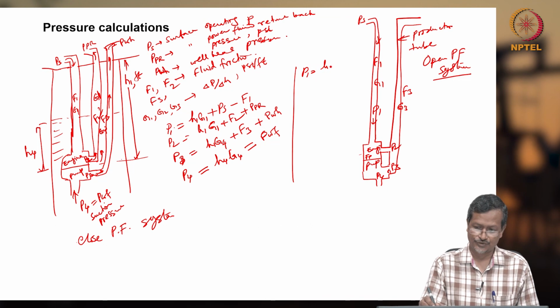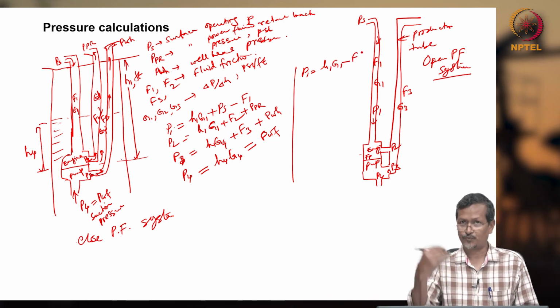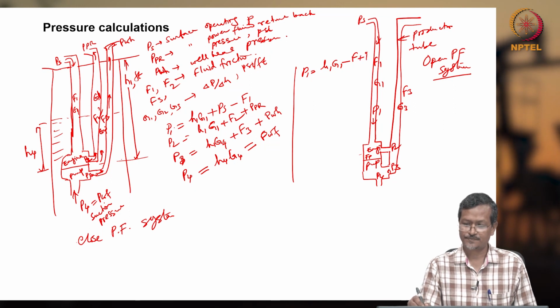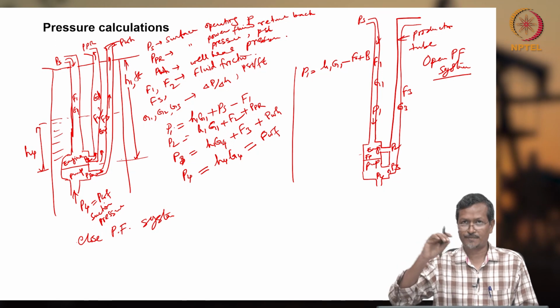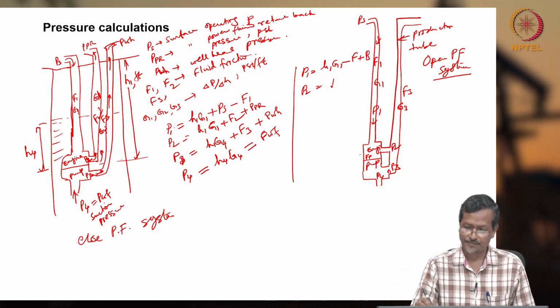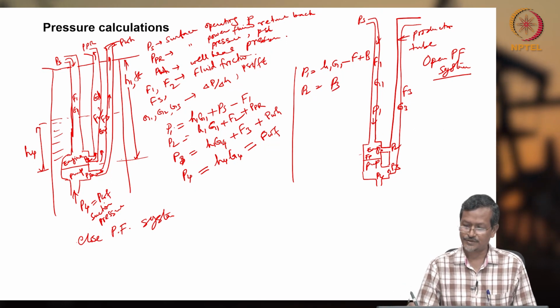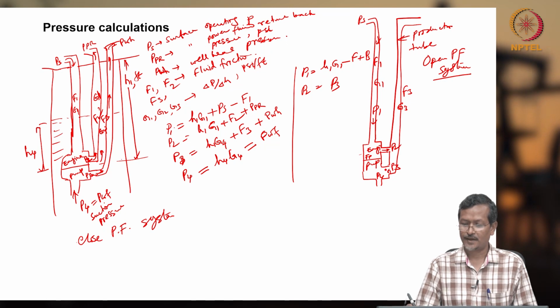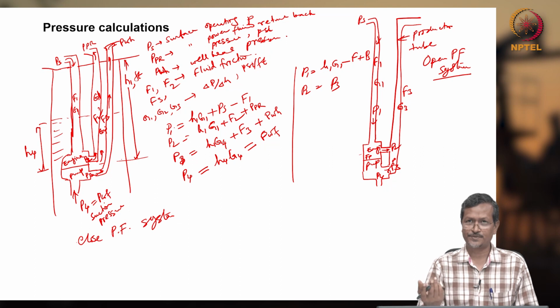P1 equals H1 G1 minus F1, friction working in the opposite direction, plus PS surface pressure plus fluid gradient pressure minus friction. P2 equals P3 actually. From the engine whatever pressure is going, and from the pump whatever pressure is going out, both are mixing up, so the pressure will be the same.